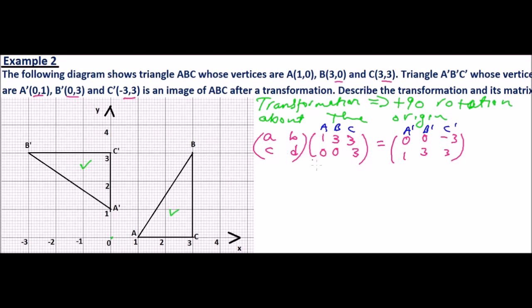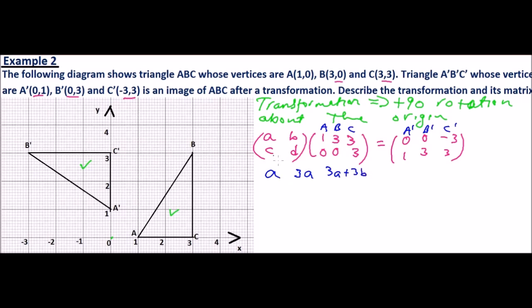So we multiply. A times 1 is A, B times 0 is 0. So here you have our A. Then A times 3 is 3A, B times 0 will be 0. So that will give us 3A. Then A times 3, that will give us 3A plus B times 3 will give us 3B.